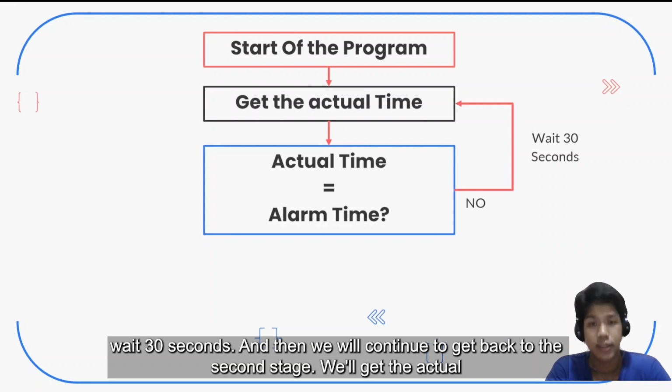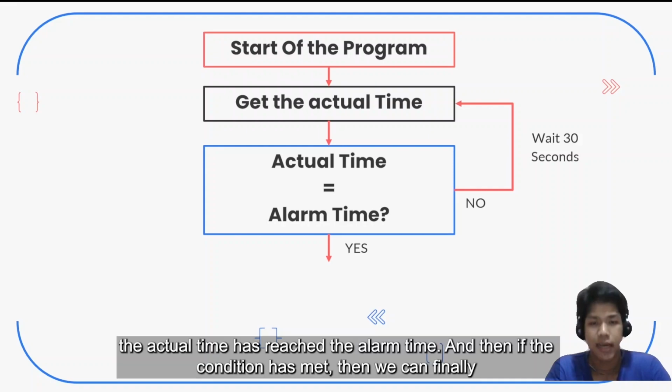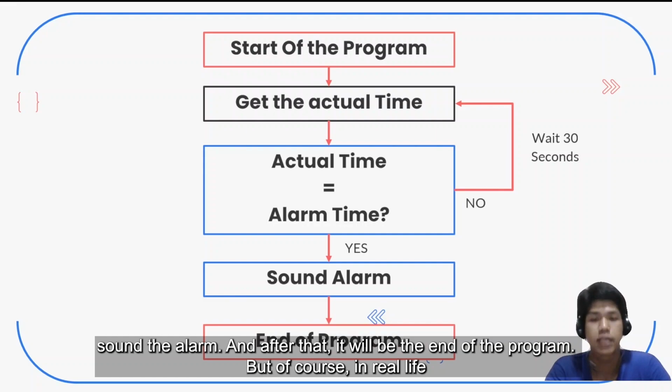We'll get the actual time again and then we will compare it with the alarm time. And we will keep doing this until the actual time has reached the alarm time. And then if the condition has been met, then we can finally sound the alarm. And after that, it will be the end of the program.